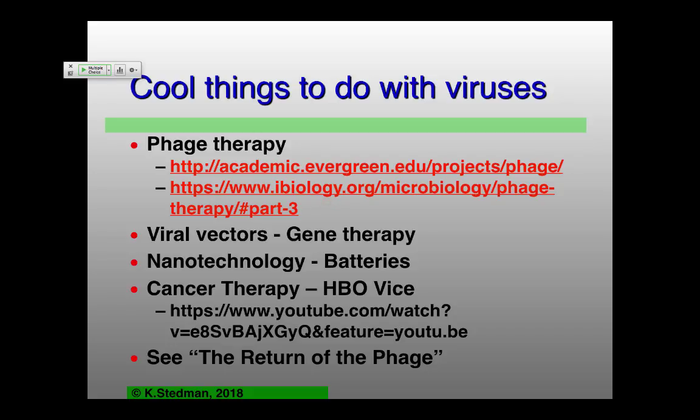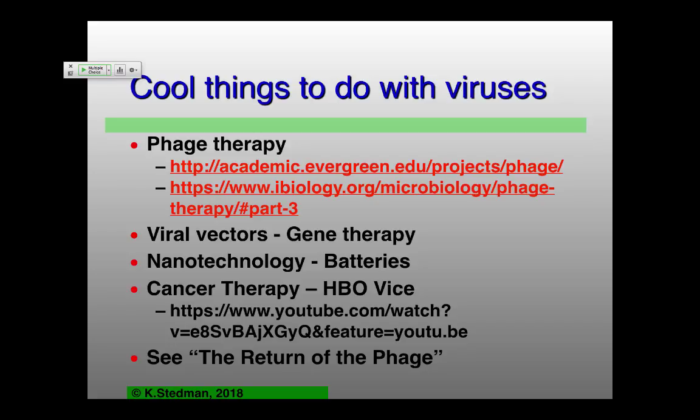But it's not just phage therapy. As I talked about last time, one of my definitions of viruses is bags of genes, and so they like to move genes around. If you have a particular gene that you want to move into a cell which is lacking it, or you want to remove a particular gene from a cell, viral vectors, which is basically taking a virus and tweaking it in some way, are really critical for gene therapy.